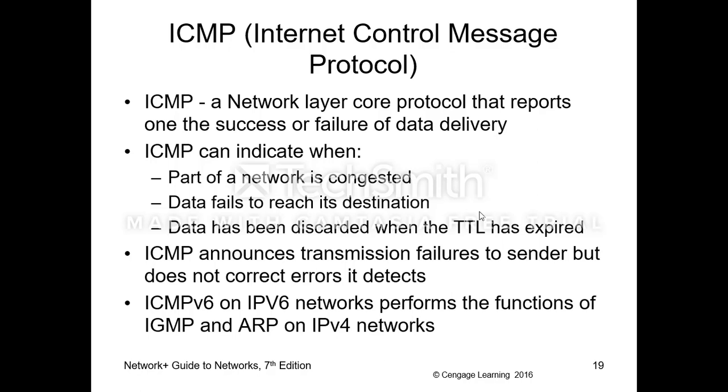Now there's another little acronym that we need to understand out here, and it's a little something called ARP. Now ARP stands for Address Resolution Protocol, and it's only used on IP version 4 networks. You see, when you and I are going to have a conversation on a network, it's important that I not only know your IP address, but I know your MAC address.